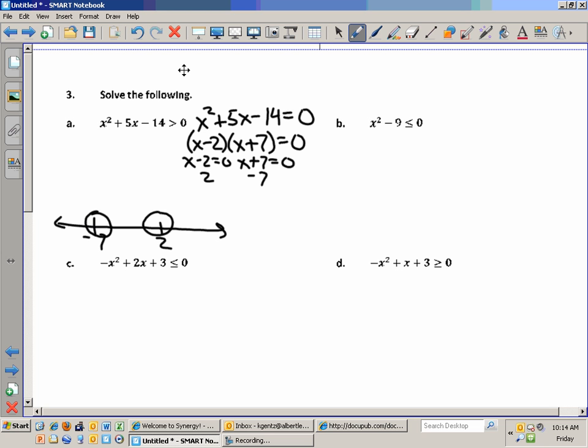Are we trying to decide where this quadratic is positive, or where it is negative? It says x squared plus 5x minus 14 is greater than 0, so we're looking for where it is positive. Now, if we were to graph that, is that a parabola that goes up, or goes down? It's a parabola that goes up. So I'm going to draw it right through my x-intercepts.